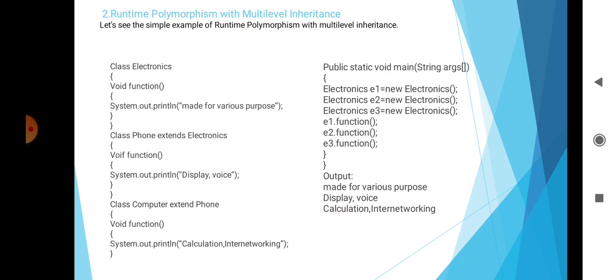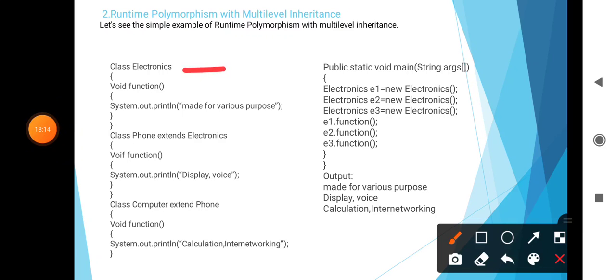Then the second way is runtime polymorphism with multi-level inheritance. Let's see a simple example for runtime polymorphism with multi-level inheritance. Here class Electronic has the method function and displays the message "made for various purpose".